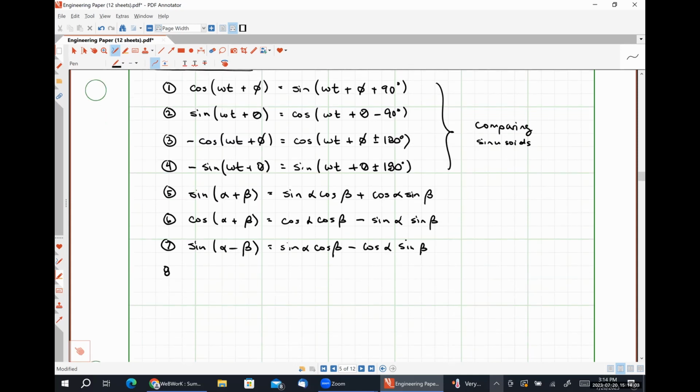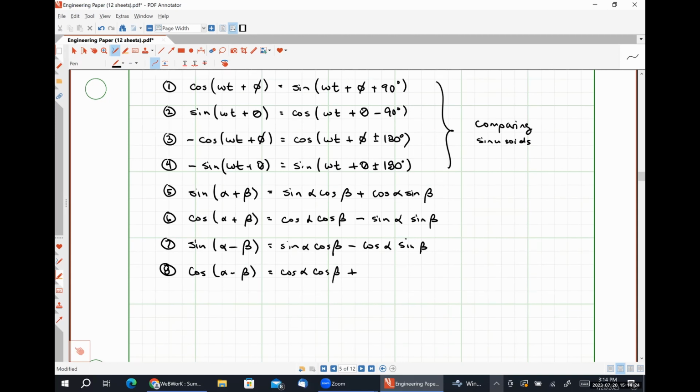And cosine alpha minus beta is going to be cosine alpha cosine beta plus sine alpha sine beta.